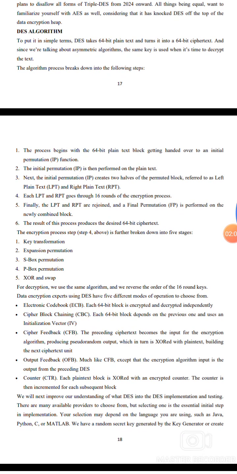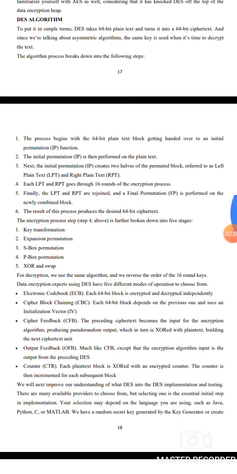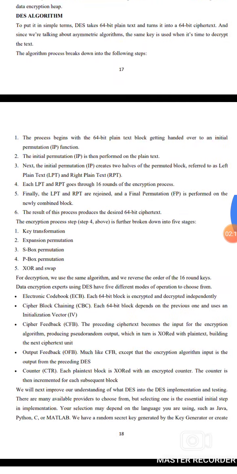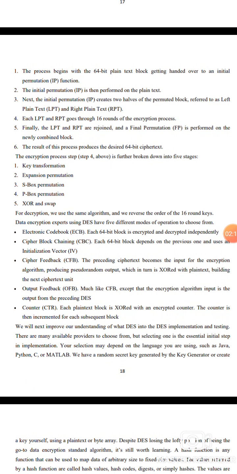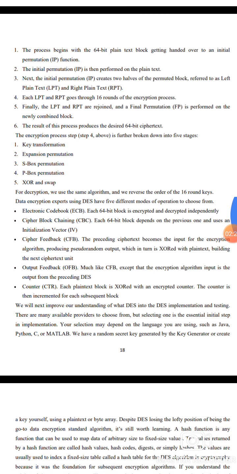The DES algorithm takes 64-bit plain text and turns it into 64-bit ciphertext. The algorithm processes the following steps. The process begins with the 64-bit plain text handed over to the initial permutation function. The initial permutation is performed on the plain text.